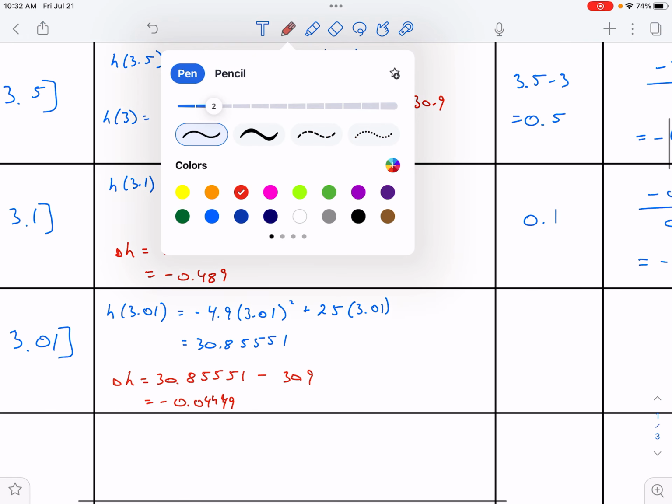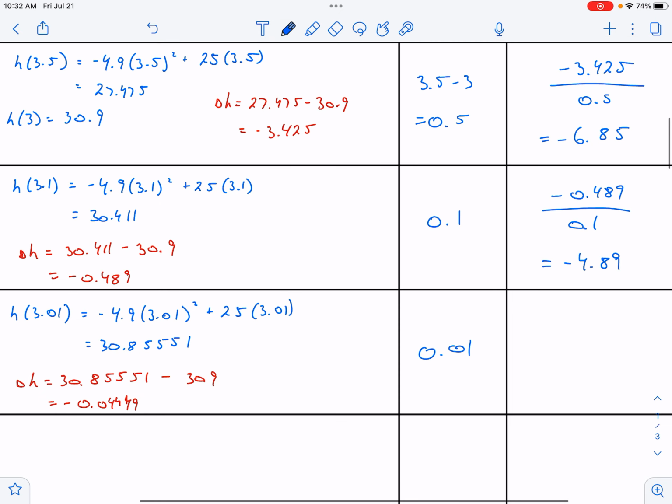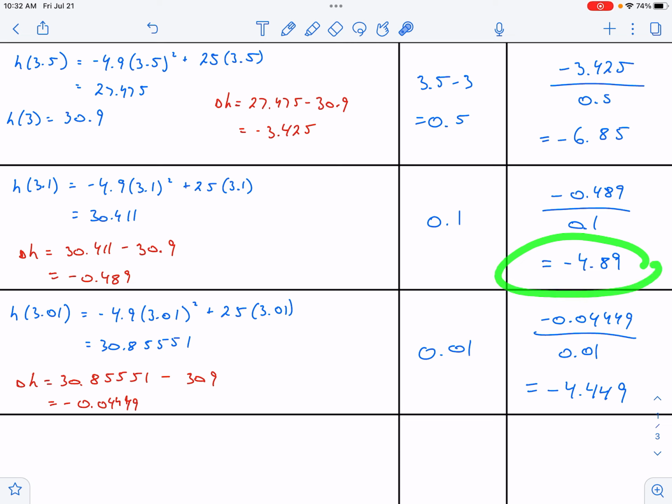Our delta t this time is on an interval of 0.01. So the AROC, negative 0.04449 divided by 0.01, is negative 4.449. Aha! We're getting closer to instantaneous. Our results are getting a little bit more precise.